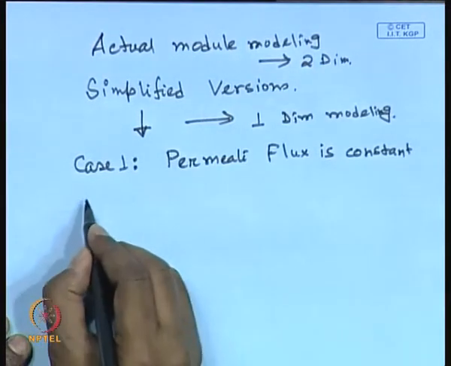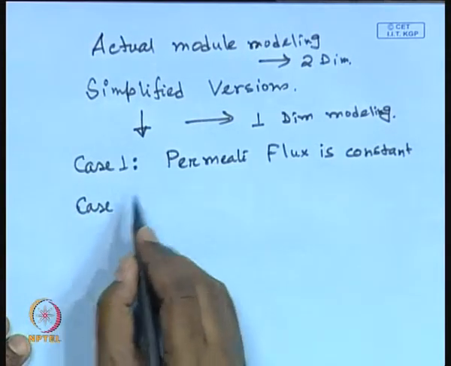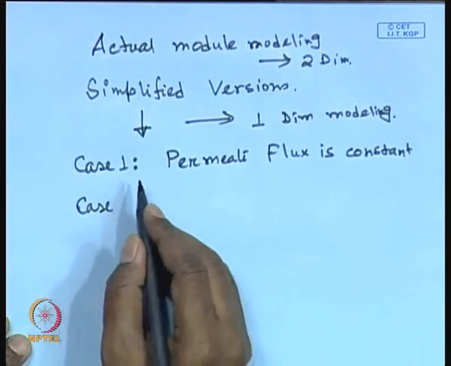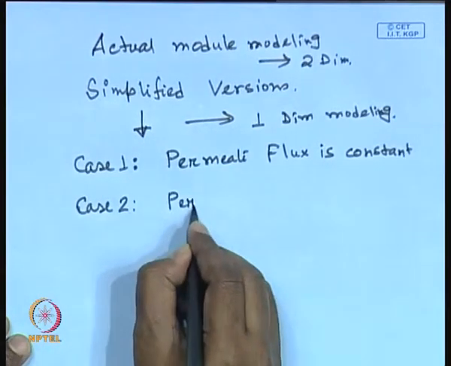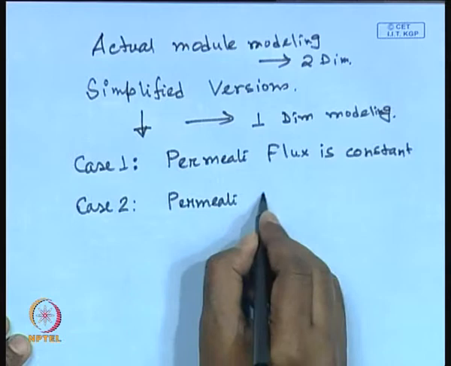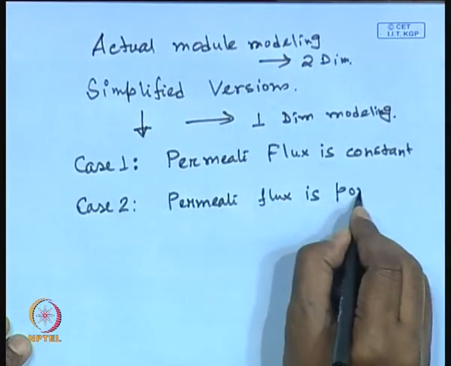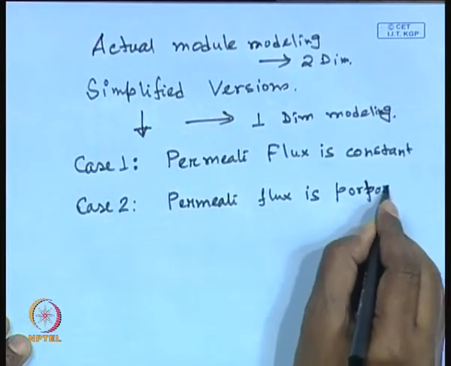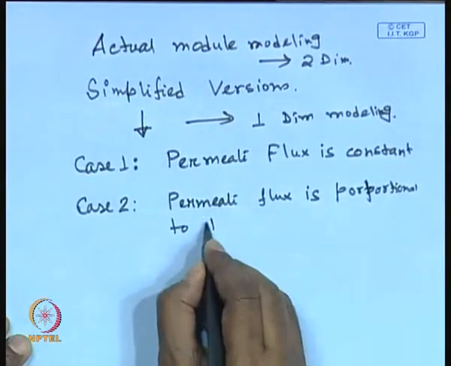In case number 2, permeate flux is proportional to the transmembrane pressure drop.